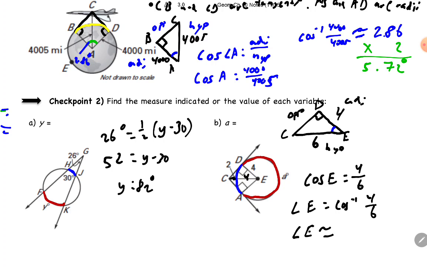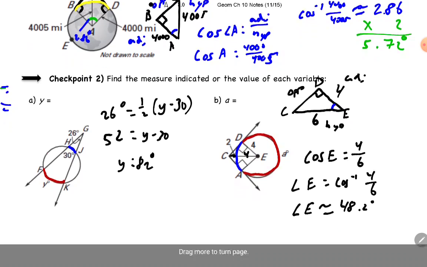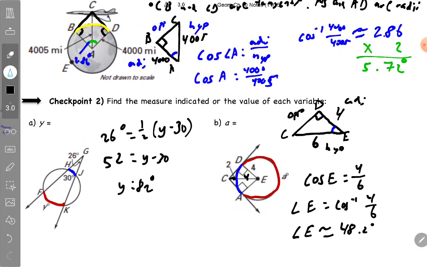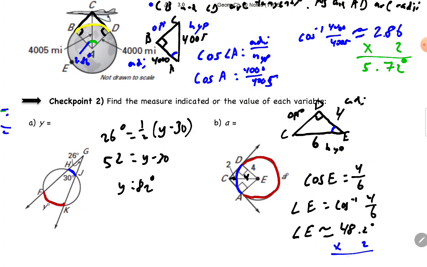We put that in our calculator, and we'll get 48.2 degrees. It'll give us only 1/2, so we're going to double it to get the blue. So times 2, and that'll give me 96.4. So that's the measure of the blue arc.